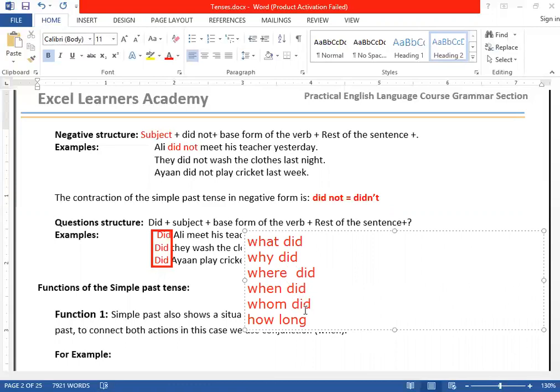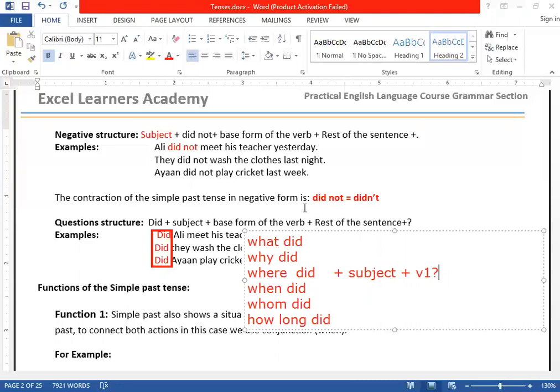You will put did, and after did, what will you have? After this, you will have the subject, and after the subject, you will have the verb. But which form of the verb? The base form of the verb, plus the question. Like, where did you study? When did you study? Why did you study? These are the questions that the examiner will be asking you, and these are for simple past tense. Is this clear to all of you?